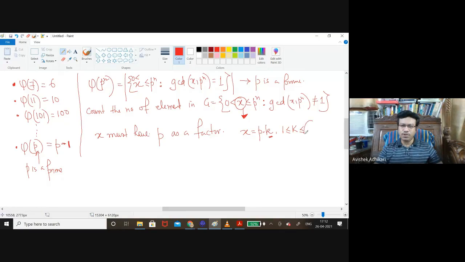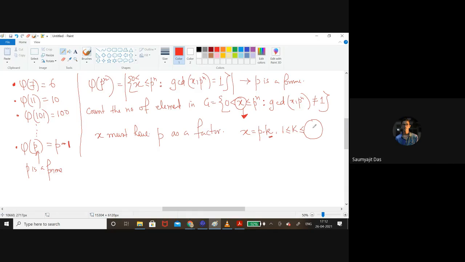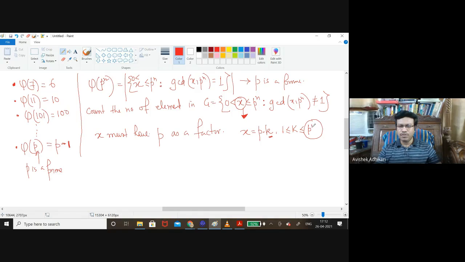This is important. Since x has p as a factor, I have written p times k, and k should vary up to p to the power n minus 1, because if k is p to the power n minus 1, then x becomes p into p to the power n minus 1, that means p to the power n.